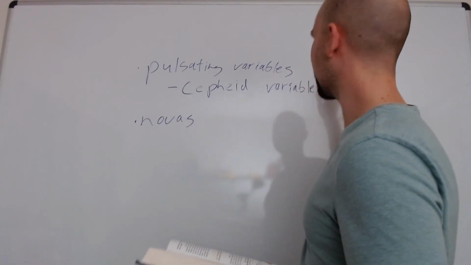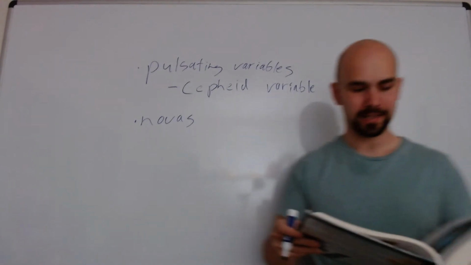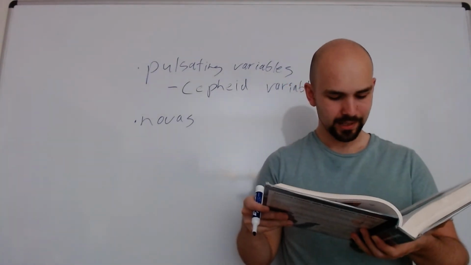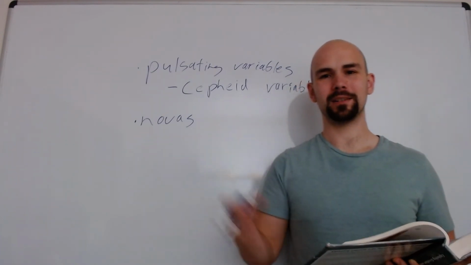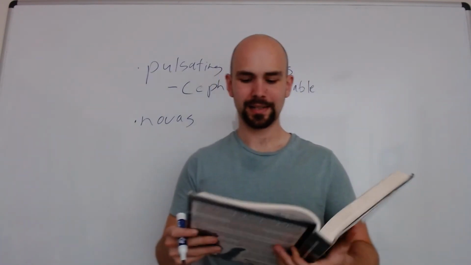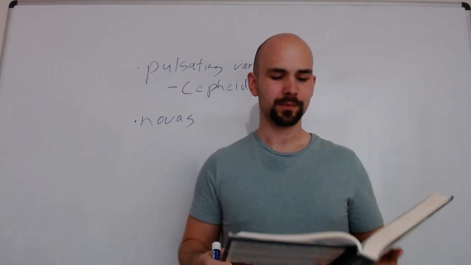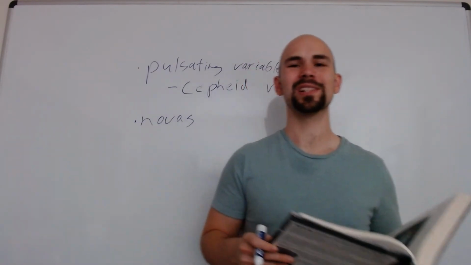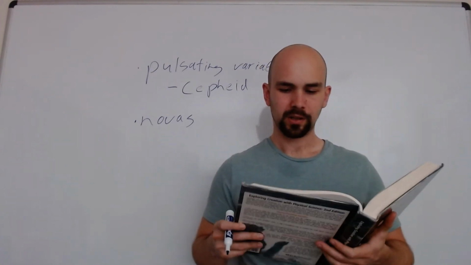So the Cepheid variable class of stars. And these are really large. They're like 20 times as massive as the sun. And so they have a constant rate of expanding and contracting. And so as a result, we can actually use them to measure the length of the universe. They're really helpful with that process.